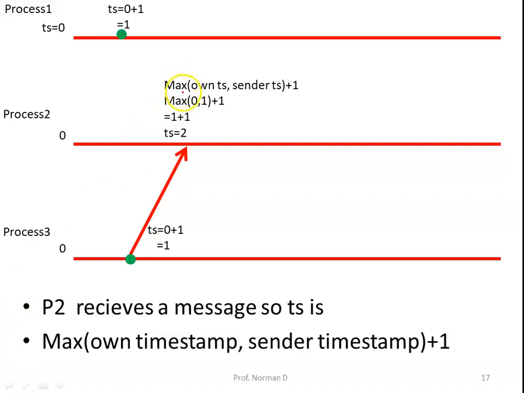Now we have to find out the maximum among these two values. The timestamp of process 2 right now is 0, correct? And the sender's timestamp is 1. So we have 0 and 1. The maximum of 0 and 1 is 1, plus 1. So the current timestamp at this point is 2.